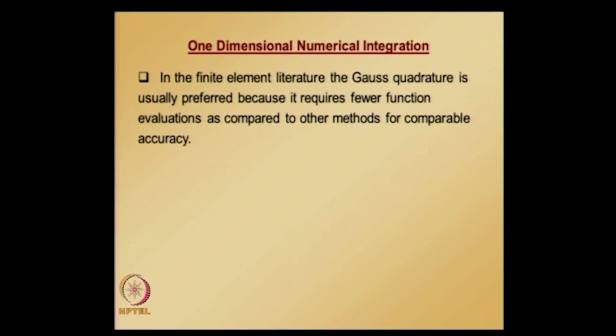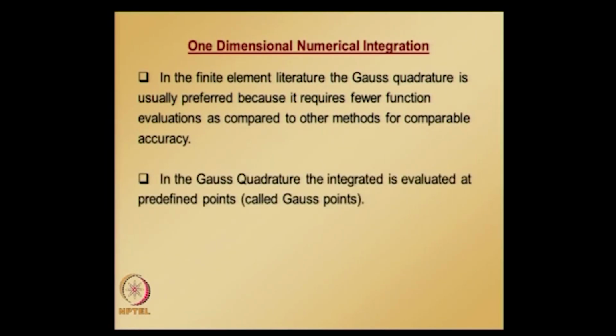In Gauss quadrature, the integrand is evaluated at predefined points called Gauss points, and the locations of these Gauss points are derived in such a way that with n points, a polynomial of degree 2n minus 1 is integrated exactly. More details you can find in any of the standard books on numerical analysis.